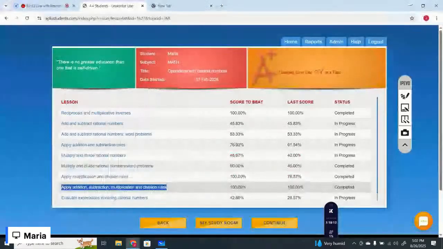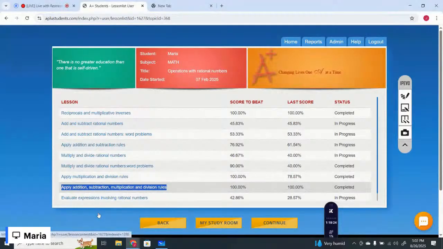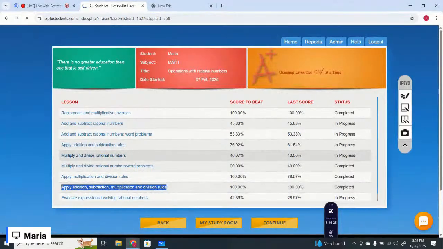Here I am on grade 8 math operations with rational numbers. Let's just start with the lesson. Multiply and divide rational numbers.